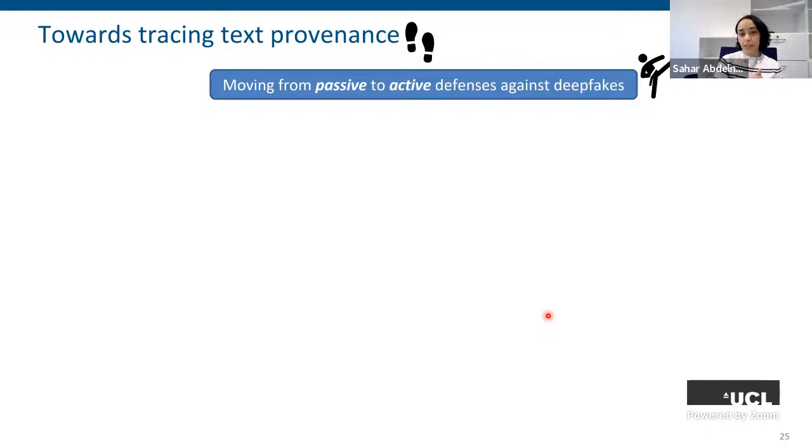Passive here means that current defenses against deepfakes attempt to perform a sort of classification between the fake distribution and the real distribution. However, as we all know, generative technologies are getting so much better, and therefore this gap between the two distributions might be getting narrower in the future, and these passive defenses might not be very sustainable in the long run.